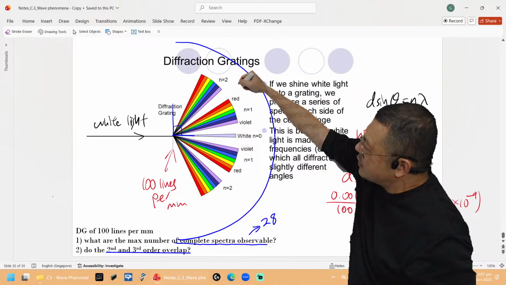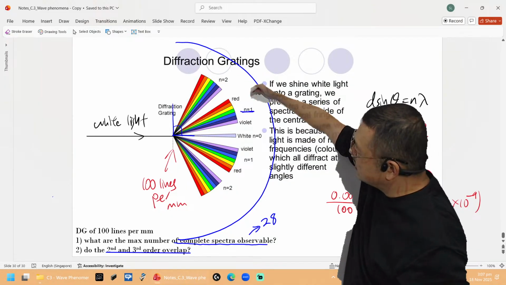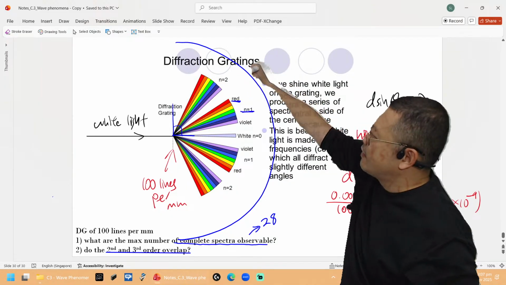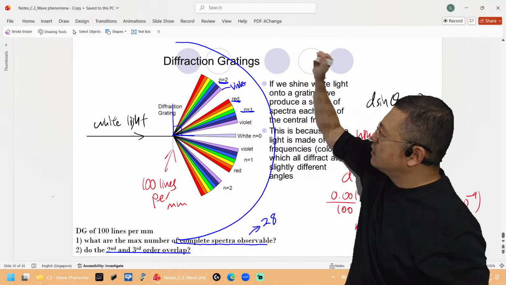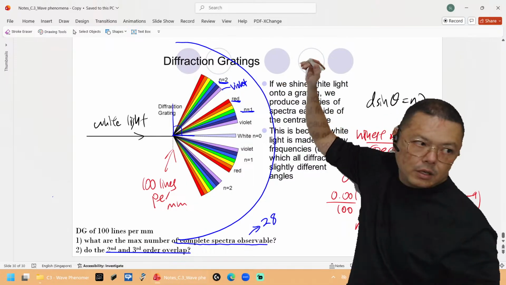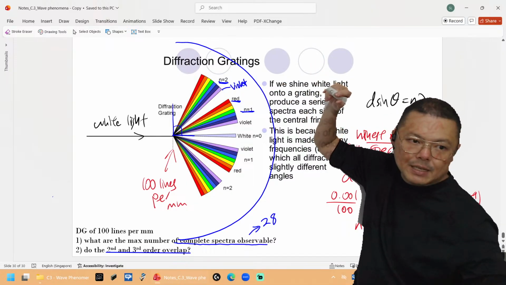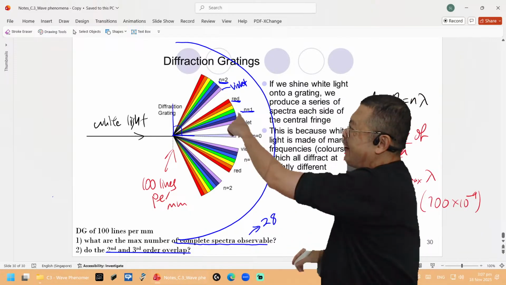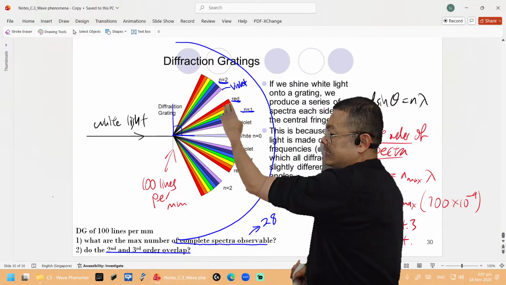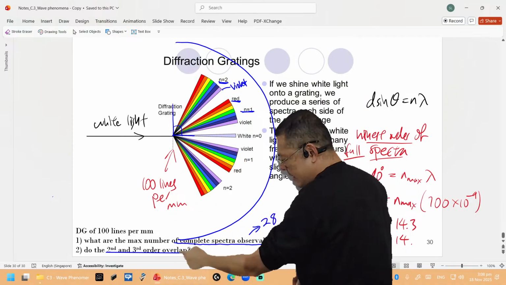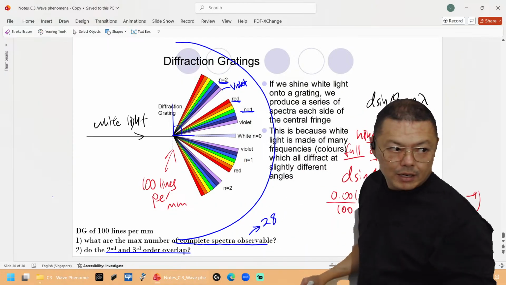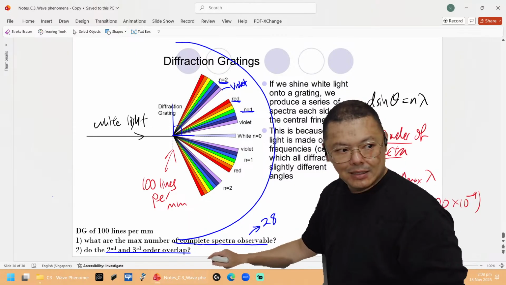When it overlaps, you need to check the red color of the lower order, and for the higher order, you check its violet. So you've got to check which one has a bigger angle. If red of the lower order has an angle bigger than the violet of the higher order, then that means it overlaps.